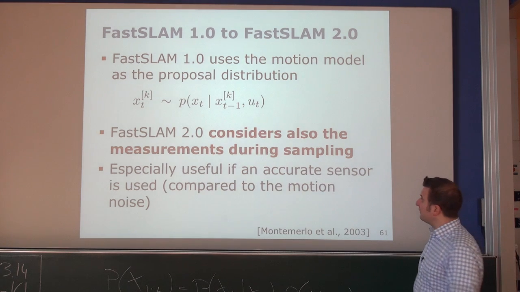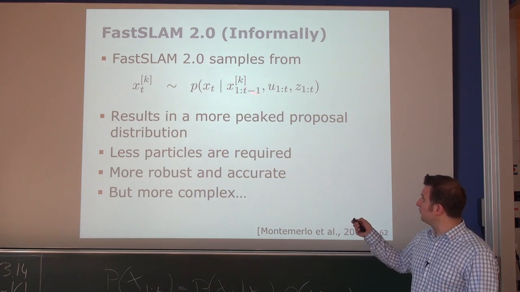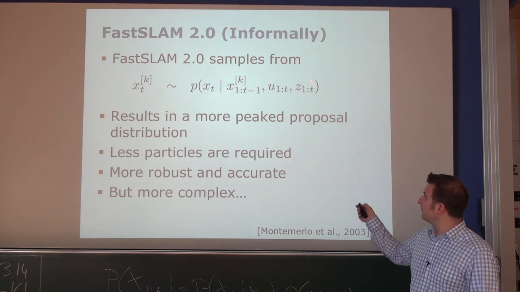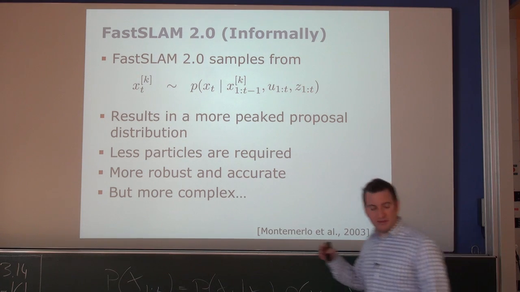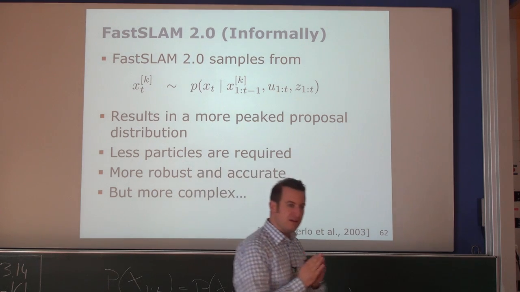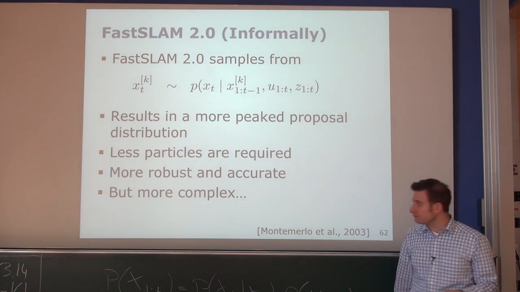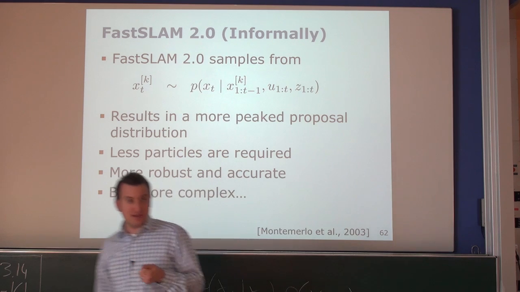So FastSLAM 2 draws from a proposal distribution which includes the odometry and the sensor information. This leads to proposal distributions which are much more peaked around the true state of the system, not these flat, large distributions. As a result, I need fewer samples, so it can be computationally advantageous.